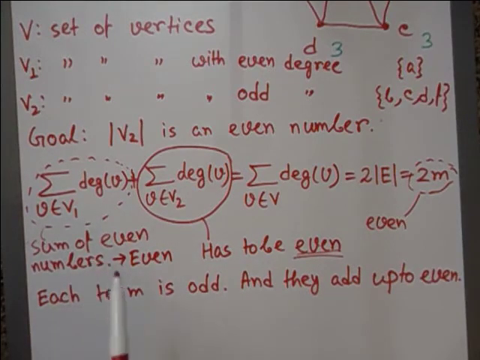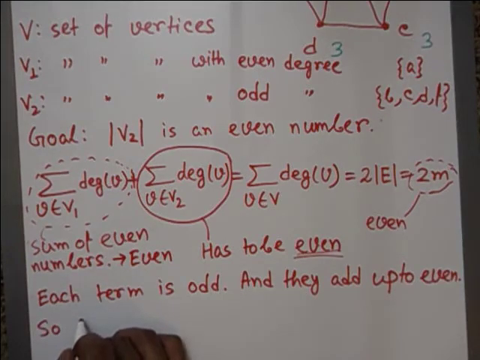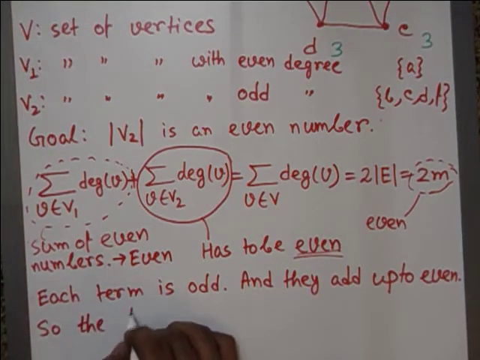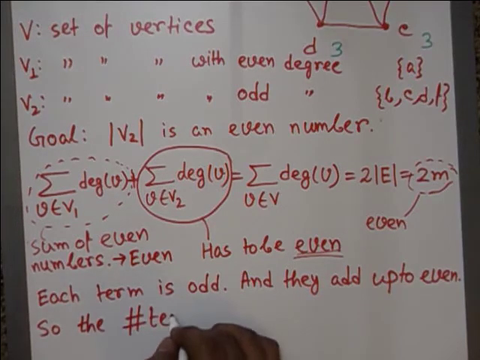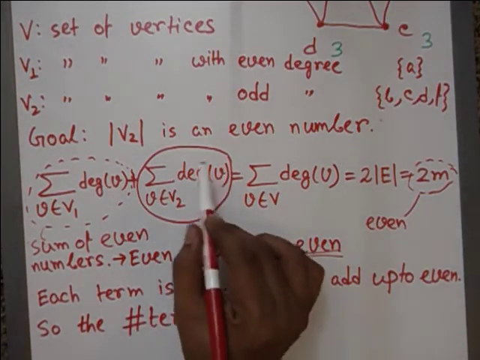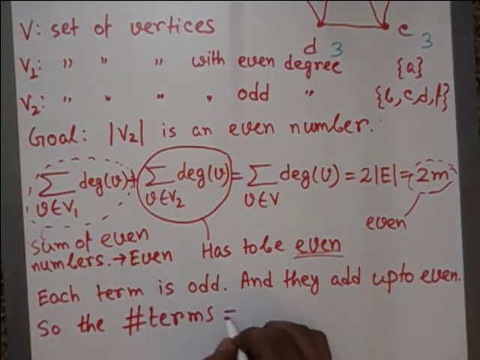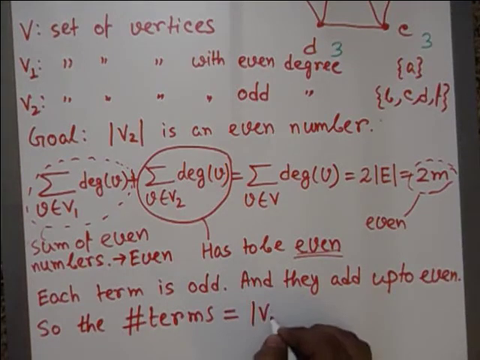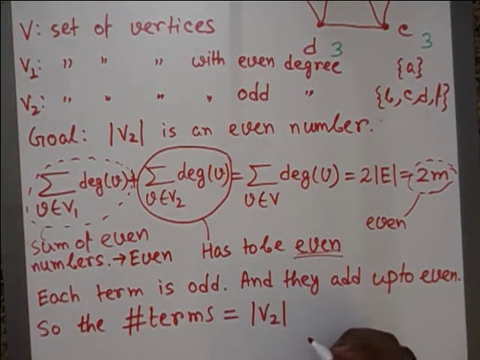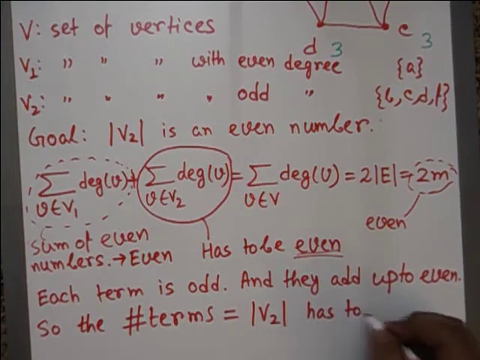Now we know that if you take two odd numbers and add them, you get an even number. If you add three odd numbers, you get an odd number. If you add four odd numbers, you get again an even number. So the number of terms, that means how many vertices are in V2, which is our goal, has to be even.